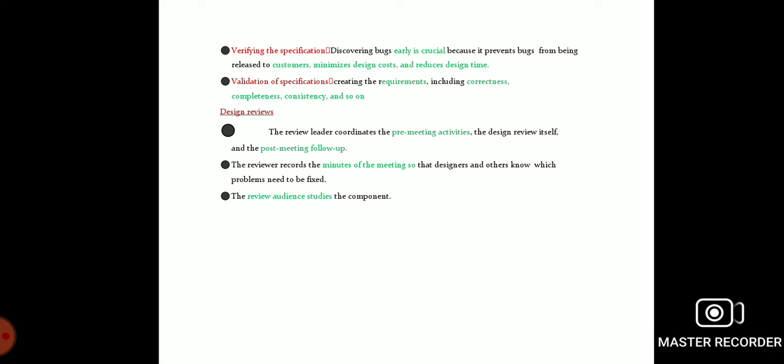Then the design review: the review leader coordinates the pre-meeting activities, the design review itself and the post-meeting follow-up. The reviewer records the minutes of the meeting so that the designer and others know which problems need to be fixed. The review audience studies the components.